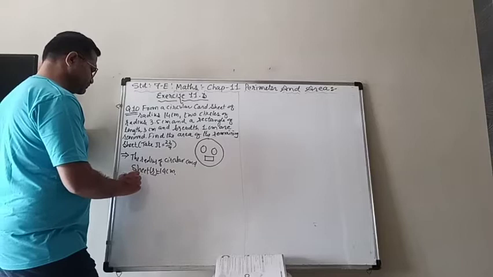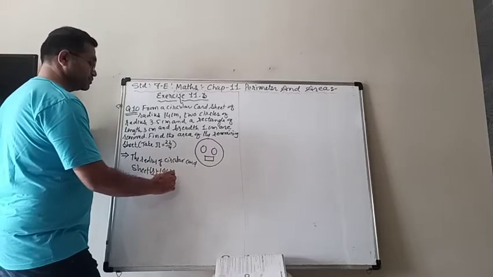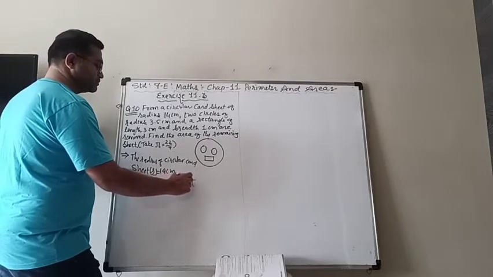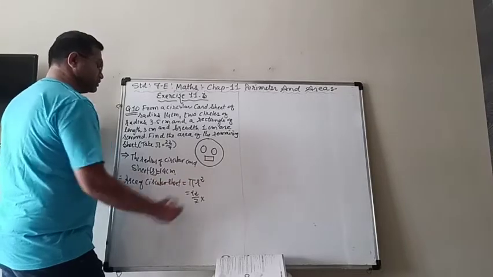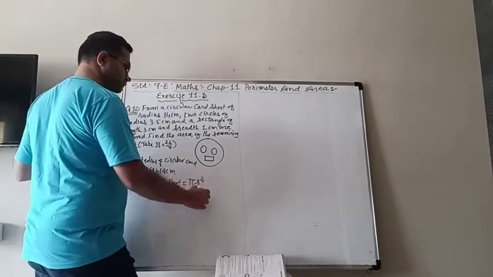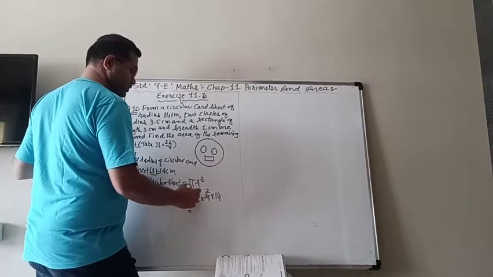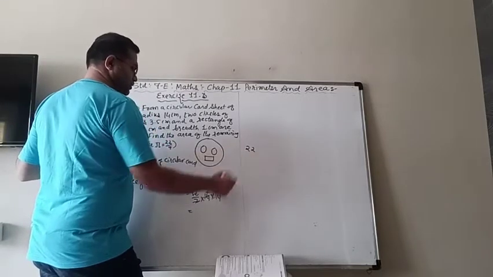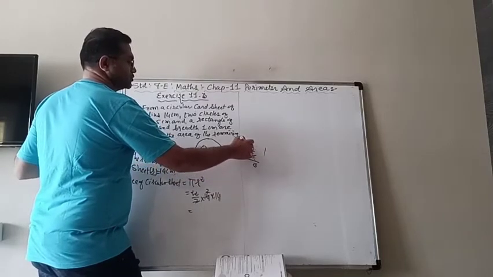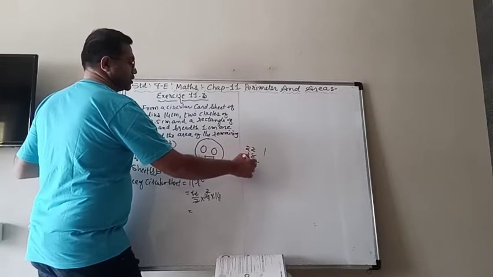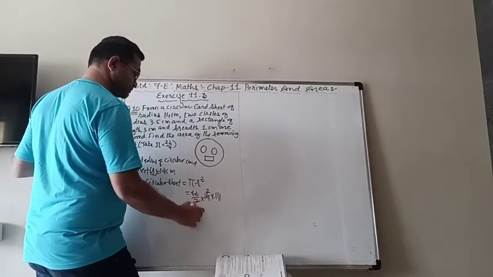Therefore, area of circular sheet is equal to pi r square, 22 upon 7 because it is mentioned here, into 14 into 14. 7 twos are 14. So 22 multiplied by 14 is 308... that is 616 centimeters square.